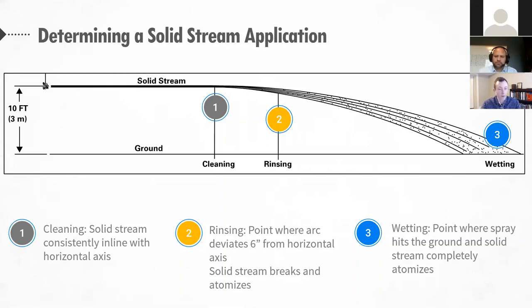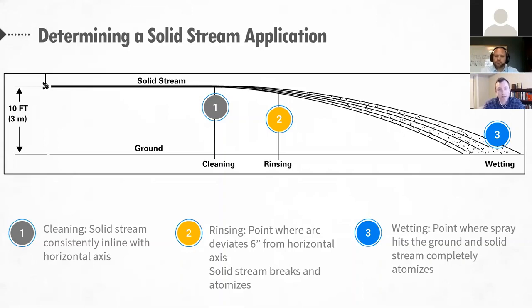Yeah, so the impact force is obviously a function of the mass of the spray as well as the velocity of the spray. And the mass plays in with the spray pattern type. So as you can see in the drawing here, you've got a solid stream for some distance, assuming we're spraying horizontal here. The spray might tend to break up and form more of an atomized or distributed pattern.